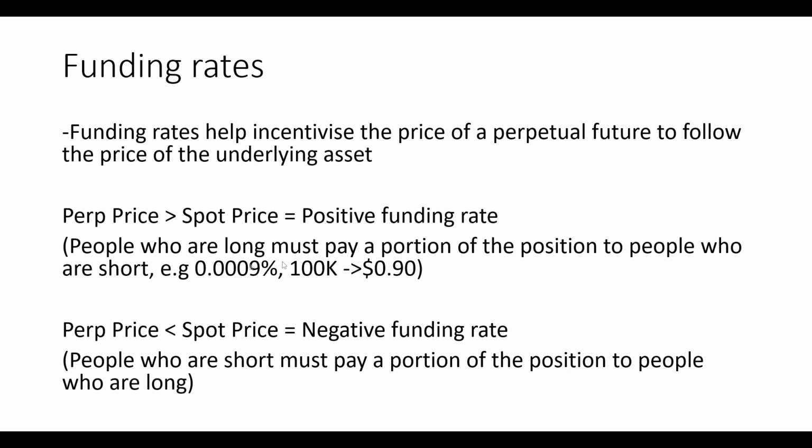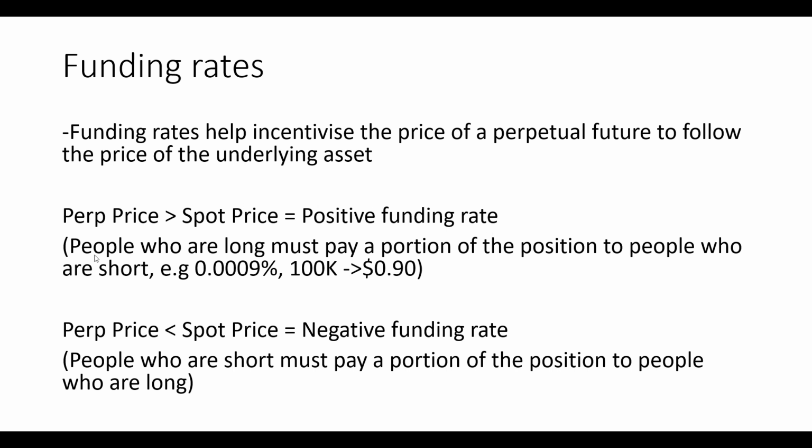So just to go on further, we'll speak about funding rates. Funding rates are a key part of perpetual futures. Funding rates help incentivize the price of a perpetual future to follow the price of an underlying asset. So if the price of the perpetual future is above the spot price, you'll have what's known as a positive funding rate.